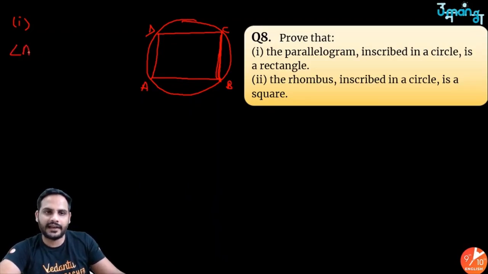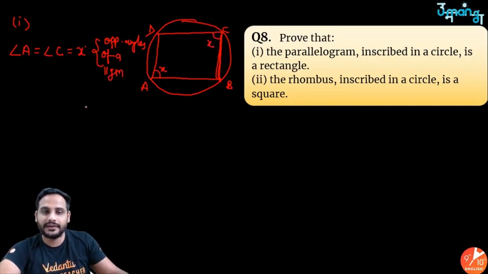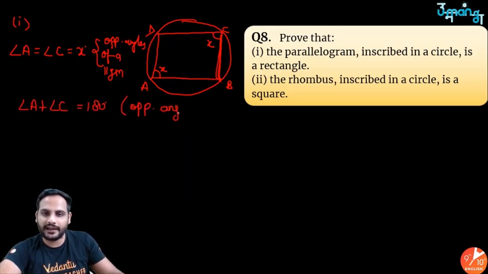First thing I can say, angle A and angle C both will be equal because these are opposite angles of a parallelogram. In parallelograms, the opposite angles are equal. So if angle A is x degrees, this is also x degrees. Second thing I can say, angle A plus angle C is equal to 180 degrees because they are also opposite angles of a cyclic quadrilateral.